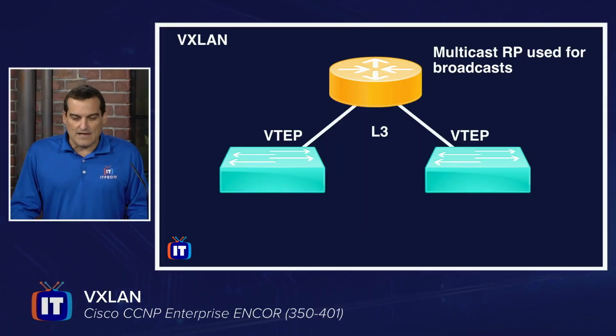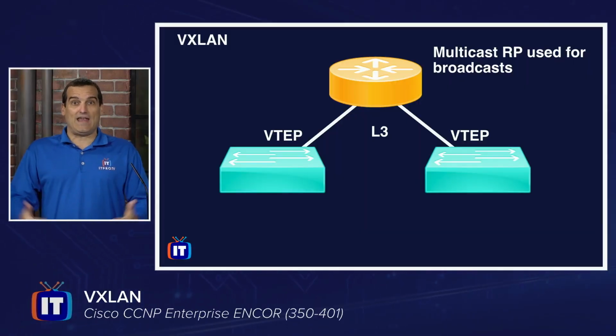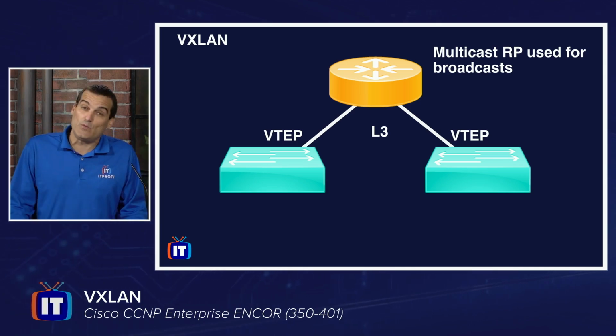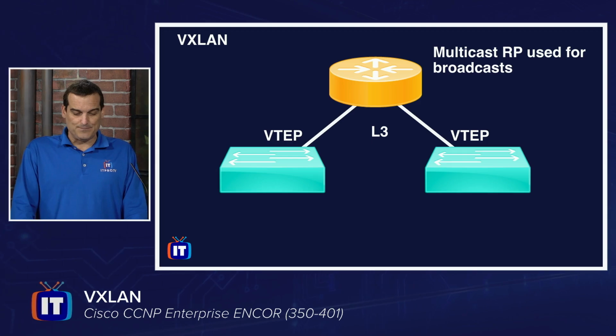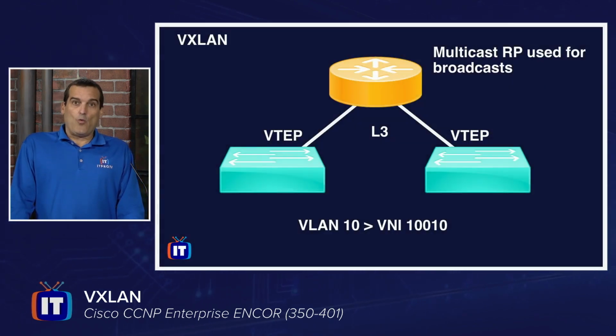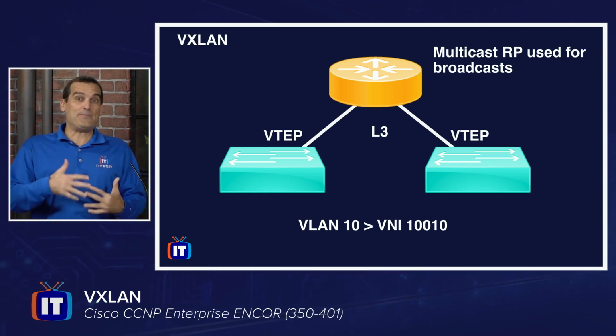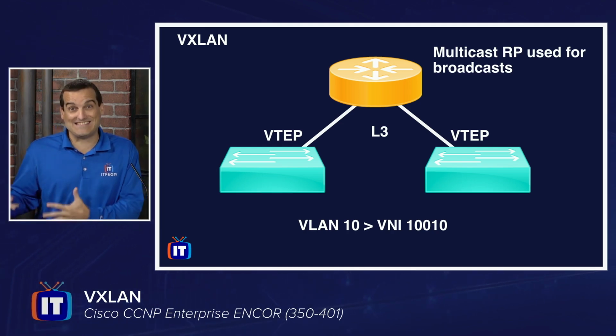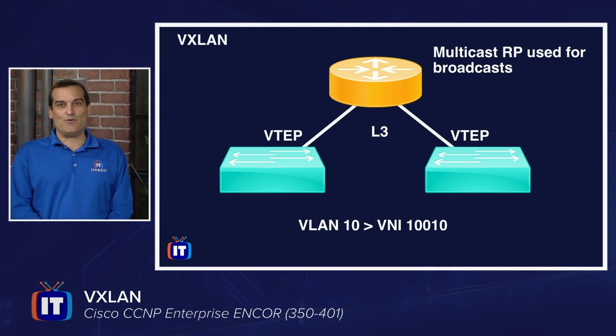So back to our story. So Bo's thrilled, right? Multicast, yes, that rendezvous point, helping us out and eliminating the need for the broadcast, Ronnie, or at least substituting for the broadcast like we would in IPv6. So we have a VLAN. Let's go ahead and map that VLAN to a VXLAN network identifier.